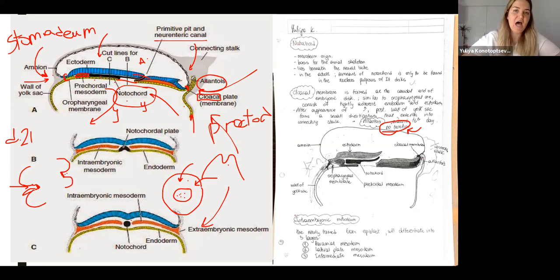For now, allantois is actually in your umbilical cord. So for a very, very short period of time, the bladder of the embryo is in the umbilical cord. But we're still very early. This is day 21. At the later stages, for sure, it's going to be in the body. So allantois is a diverticulum of the posterior wall of the yolk sac, and it participates in making the bladder.